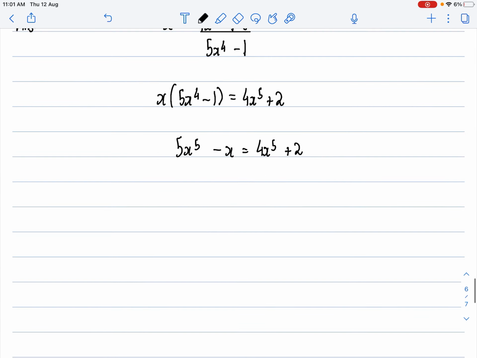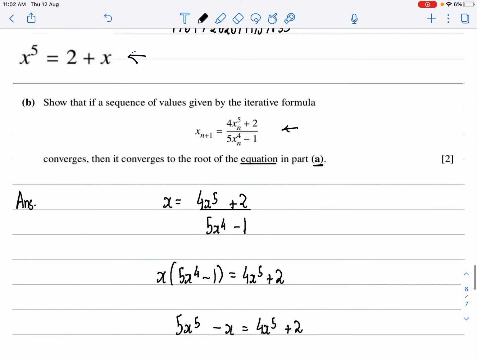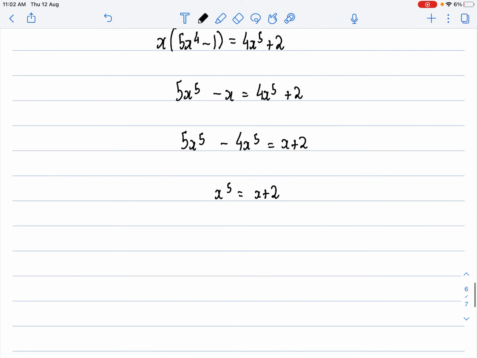So this can be written as 5x raised to 5 minus 4x raised to 5, which is equal to x plus 2, which can be written as x raised to 5 equals x plus 2. Same thing. So this is what we needed to prove, correct?